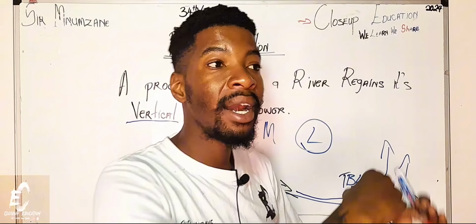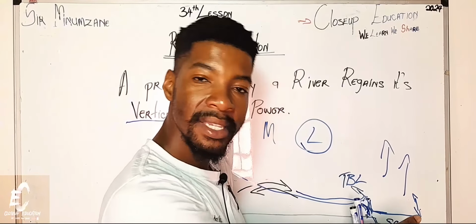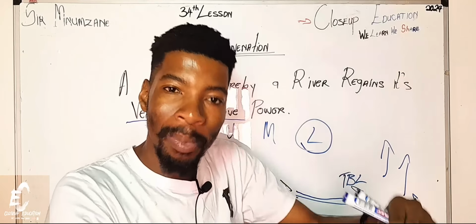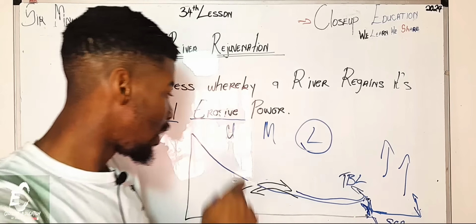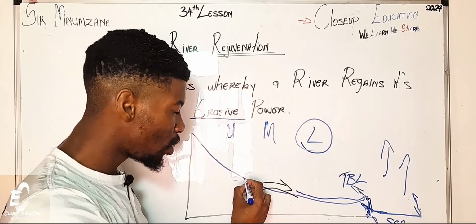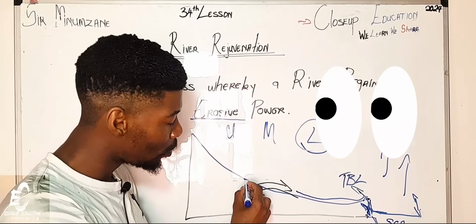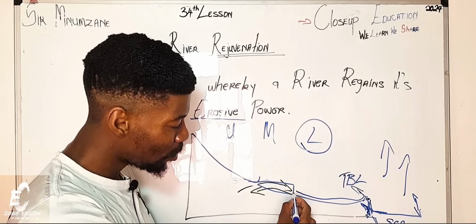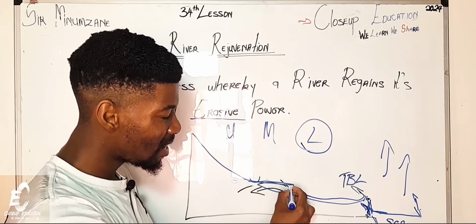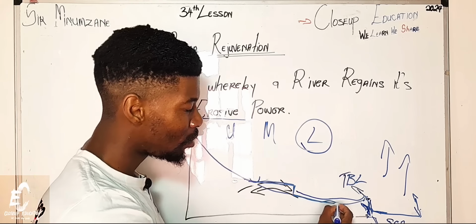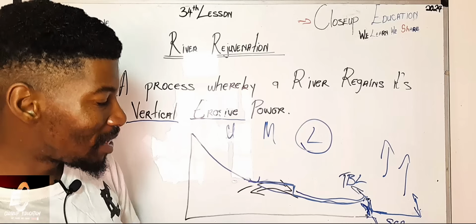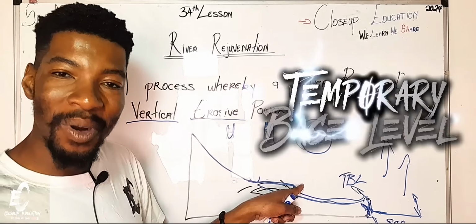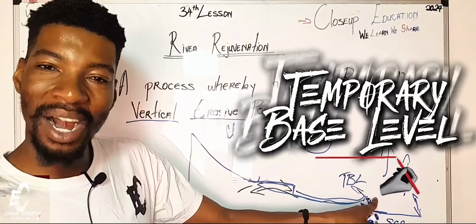Isostatic uplift, the rising of land, or drop in sea level, the drop in the level of the ocean. Then you're done. So how will our gradient look now? It will look like this, straight, and then it will be dropping, and continuing. So now it seems like we have another temporary base level.